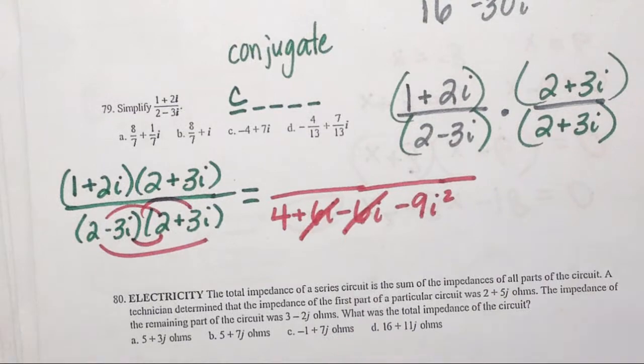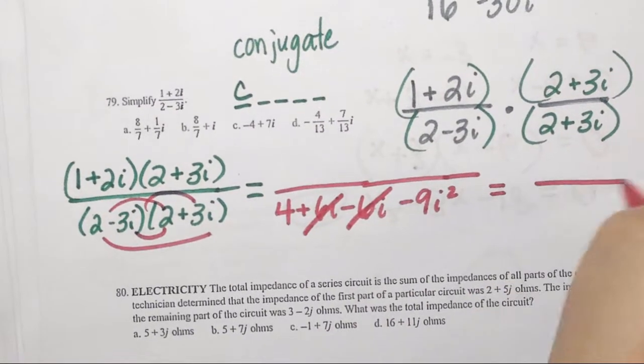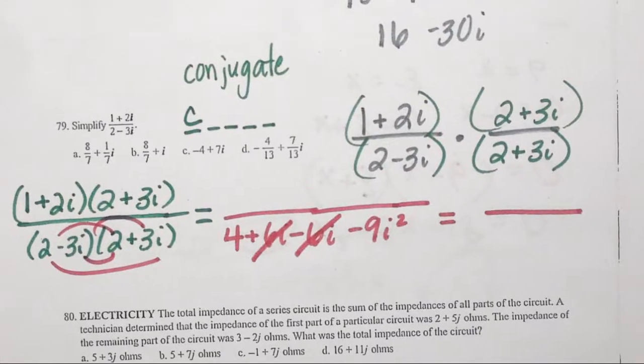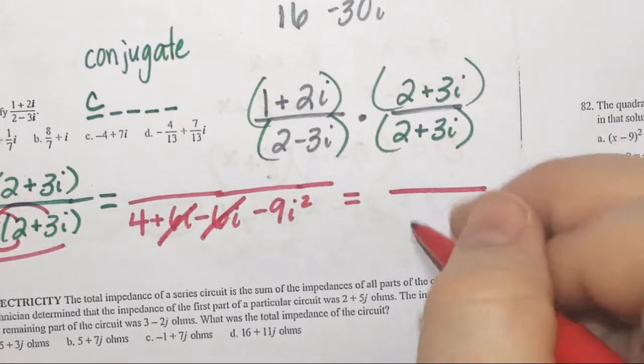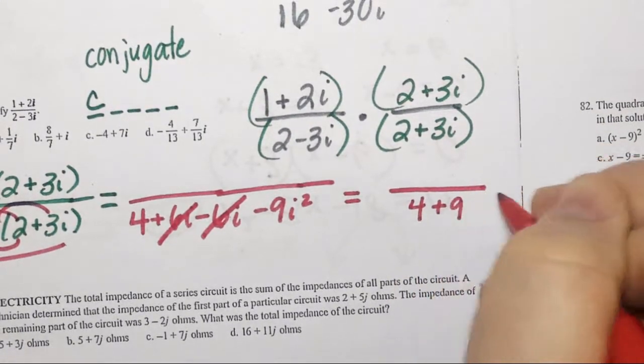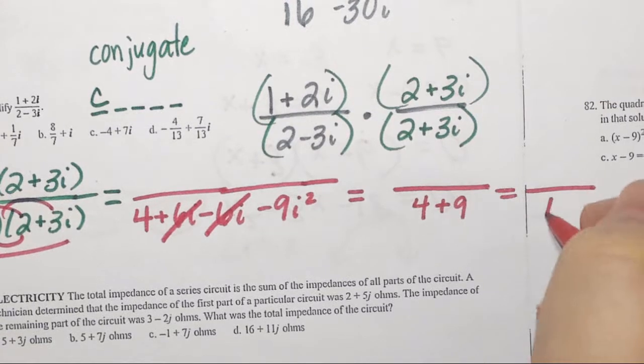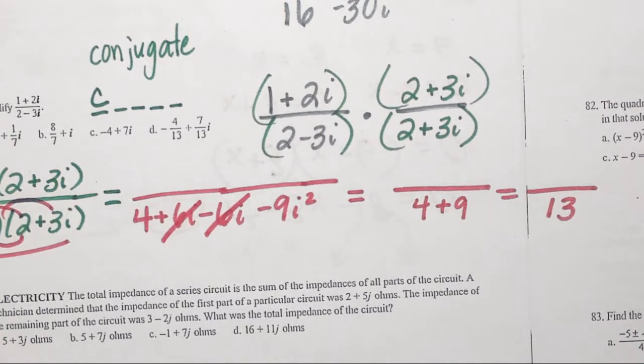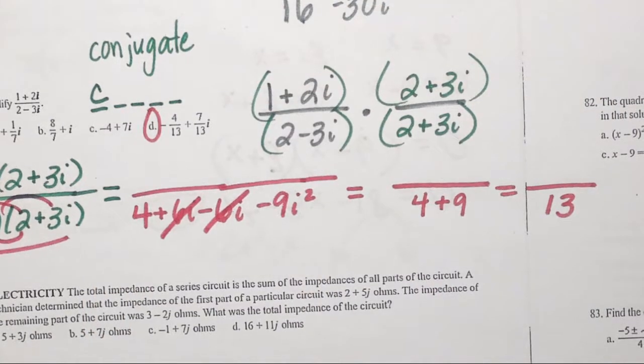Yes, those two do cancel out. What do I know about i squared? It's negative 1. So really I have 4 plus 9, which is 13, so I already know the answer. The answer has to be D, so you get a point. The only one with 13 in the denominator.